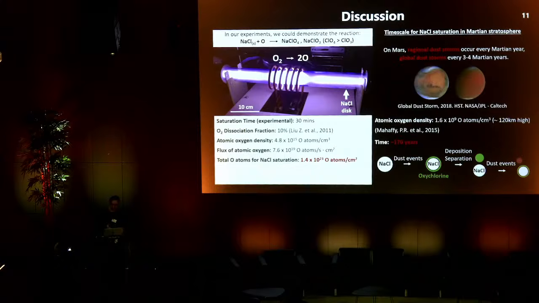But in this case, I don't think that oxygen atoms in the Martian atmosphere would have the same high energy as in LEO. So I think our cold plasma is a good equipment or environment to simulate the Martian atmosphere. I fully agree with you.